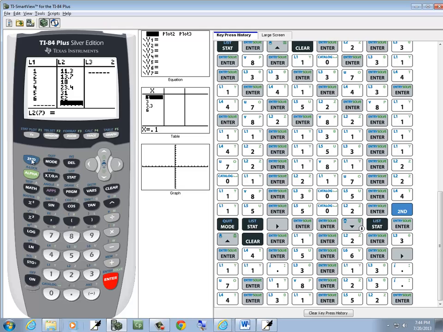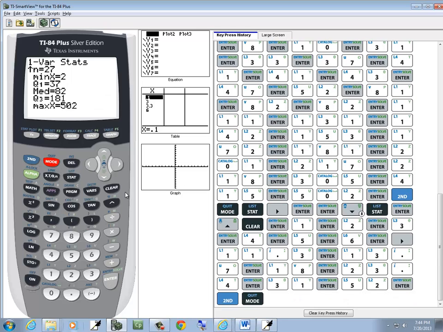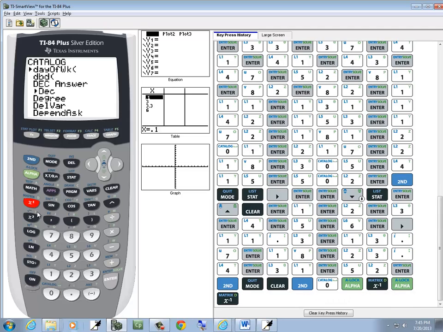Okay, so I'm going to exit out, do second mode. Now, you shouldn't have to do what I'm going to show you here. If you've done homework with the calculator, it should already be set up. But you have to have diagnostics on. So we want to go into the catalog. So I'll press second 0. And then I'll do alpha, and this button looks like x and -1.